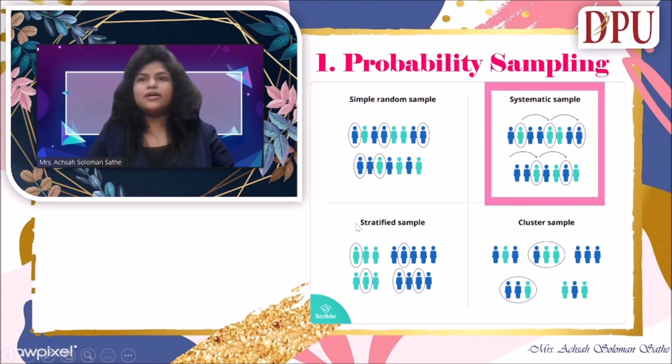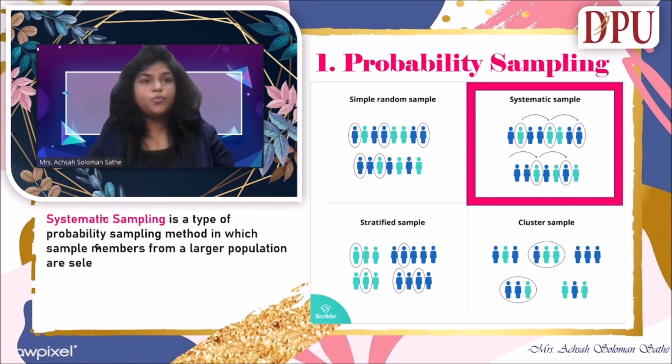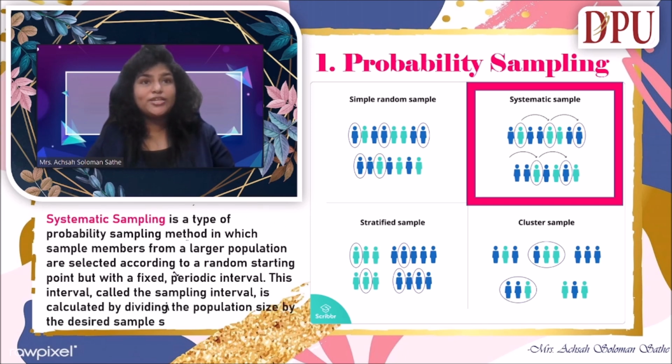Next, a systematic sample. Systematic sampling is a type of probability sampling method in which sample members from a larger population are selected according to a random starting point but with a fixed periodic interval. This interval, called the sampling interval, is calculated by dividing the population size by the desired sample size.